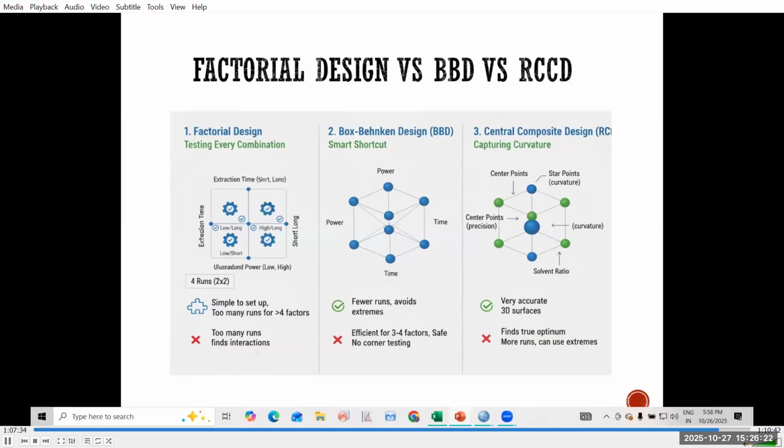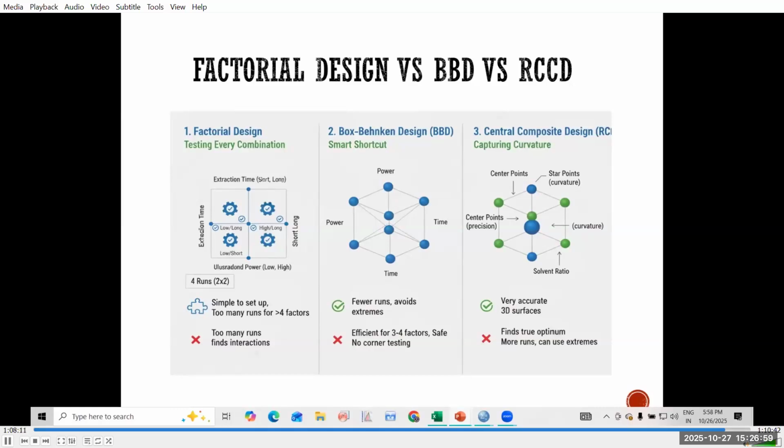The Box-Behnken design is like a smart shortcut, as it tests the combinations that give you enough information without needing to test every corner of the design space. A simple example: if you have 3 factors, like I said, ultrasound amplitude, time, and solvent ratio, the design will test combinations at the middle or the edge, not in the extreme corners.